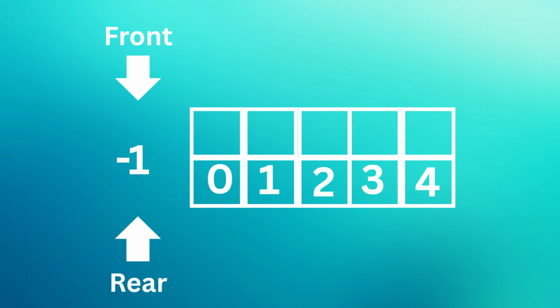Now, napansin ninyo, we have 2 arrows here, the front and the rear. So ganina na-mention ako, the queue has a front and a rear. So the front refers to the first element and the rear refers to the last element.